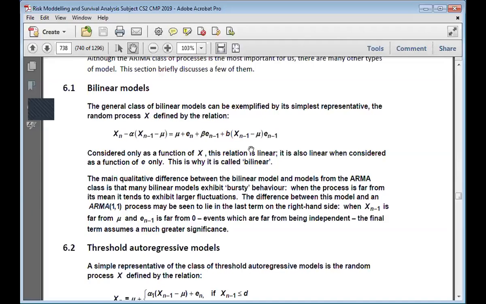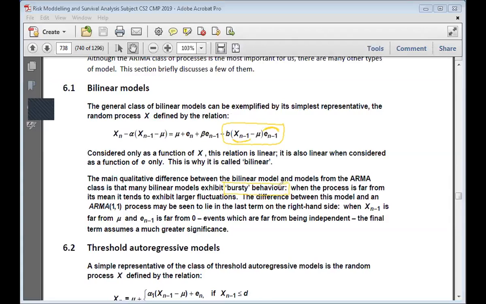But again, the very important aspect in this model is here. If you see, my xn minus 1 gets multiplied with an minus 1 here. This kind of thing is known as bursty behavior.